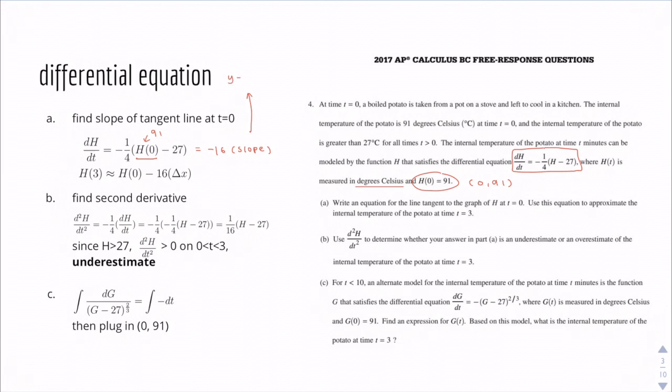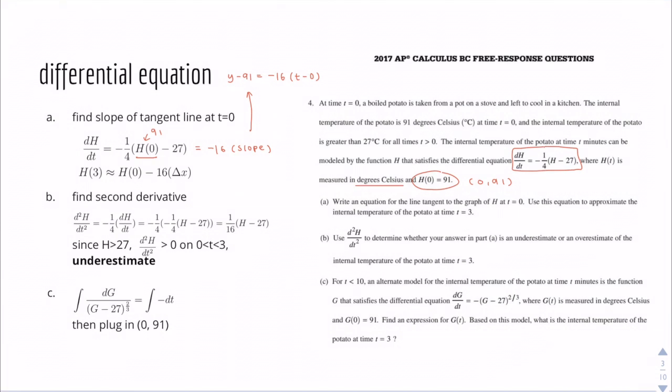So we will get y minus 91 equals negative 16 times (t minus 0). Thus, H(3) will approximately equal H(0), which is 91, minus 16 times delta x, which is 3, and gives us the answer of 43 degrees Celsius.